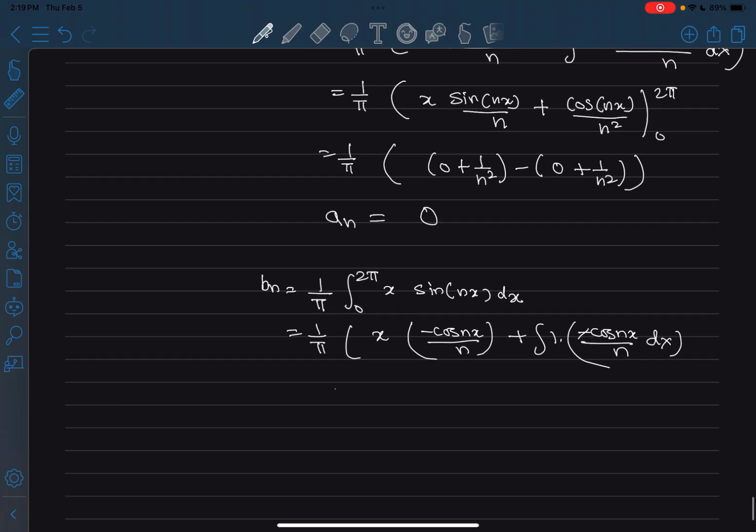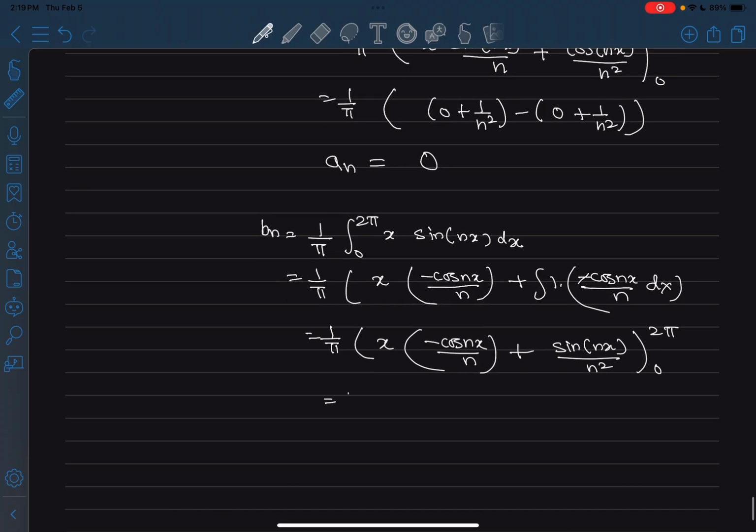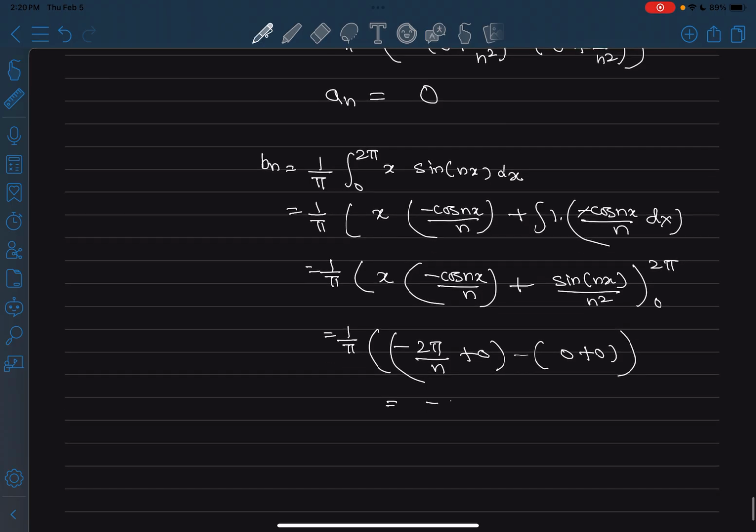So 1 over pi, x times minus cos nx over n, and then after that it becomes sine nx over n square, from 0 to 2 pi. Okay? So this is 1 over pi. This becomes minus 2 pi over n, plus 0, and then 0 plus 0. So this is essentially minus 2 over n. So b of n is minus 2 over n.